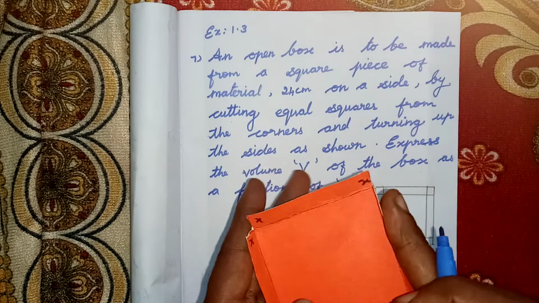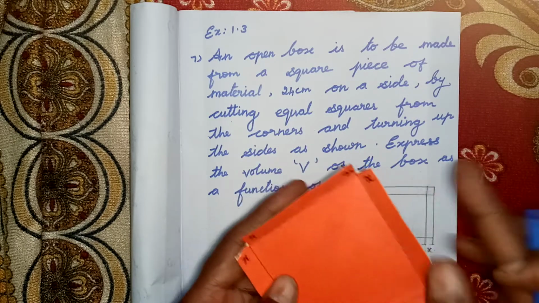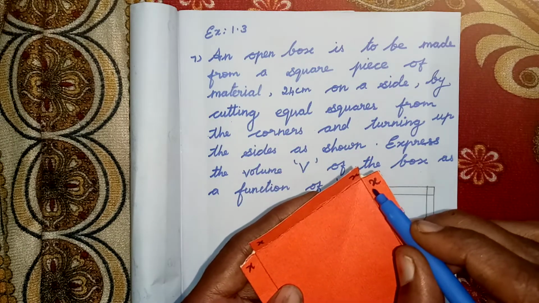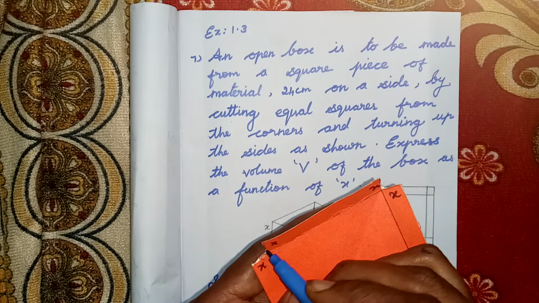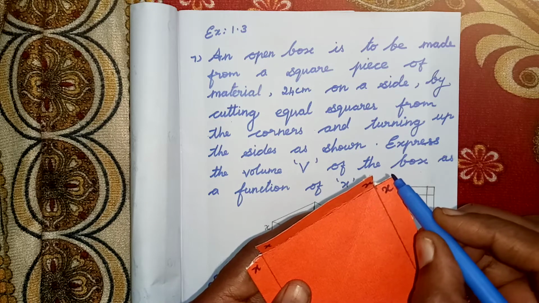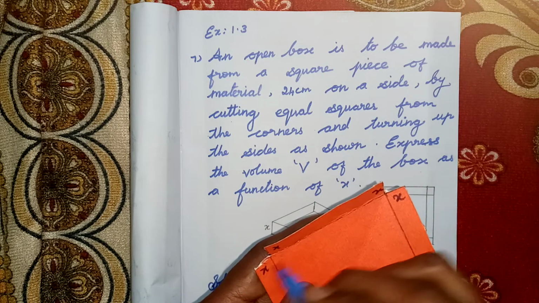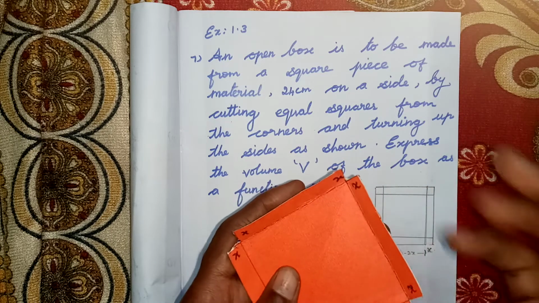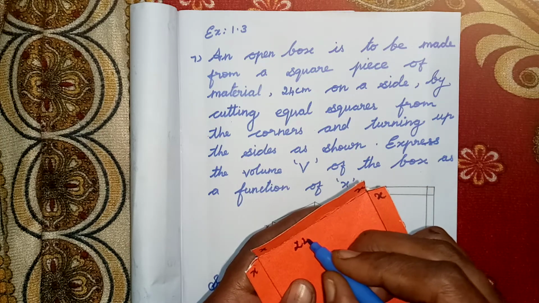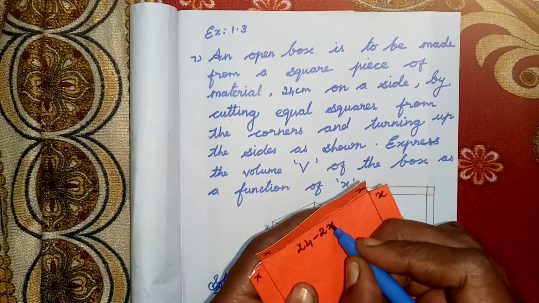So, what is the length of the box? Each side also they are cutting X centimeter. So totally 24 centimeter, with each side cutting X, means 24 minus 2X.